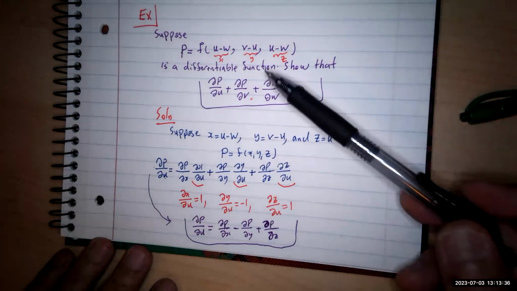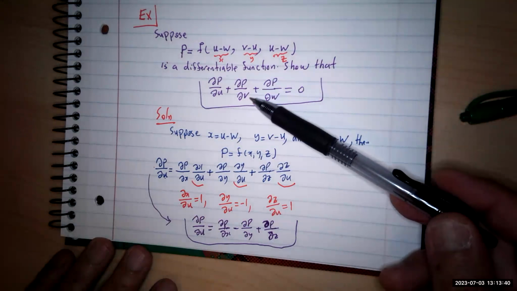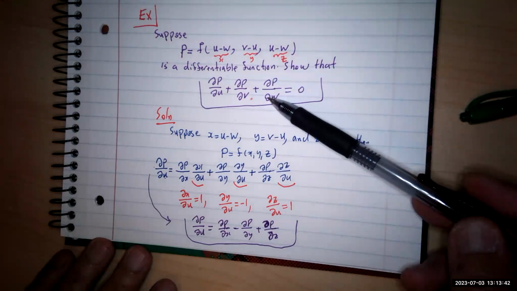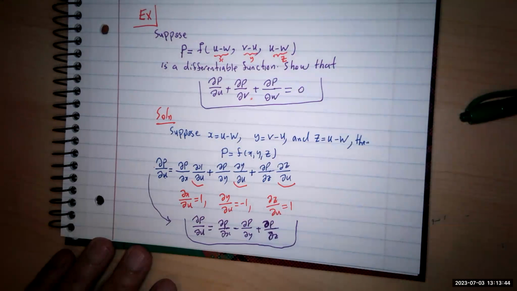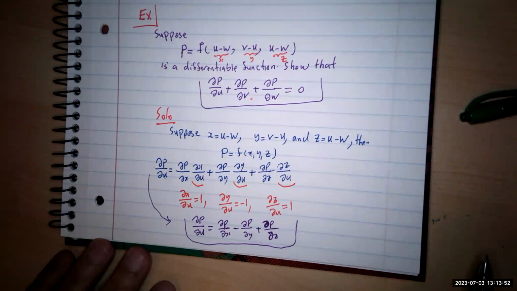So we have to repeat it. You find ∂P/∂V and ∂P/∂W. You add them together, and these quantities will be repeated in all of them, so when you add them together they will cancel out each other. Then you'll be able to find the result.